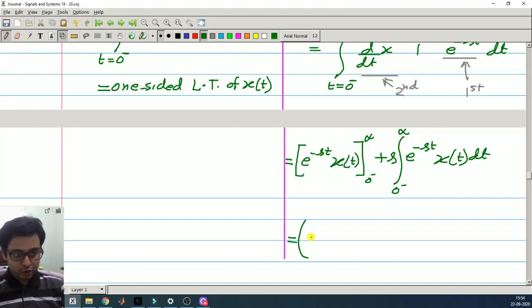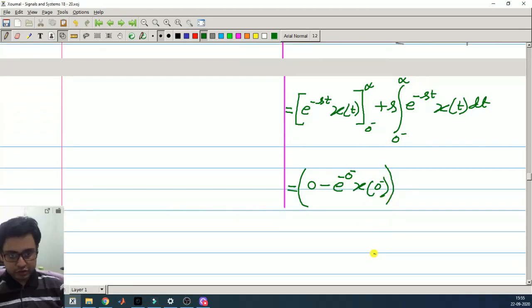Then minus, let me put t equal to 0 minus, so we will have e to the power minus 0 minus multiplied with x 0 minus.